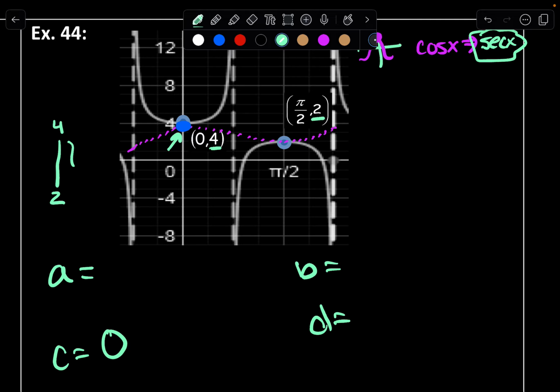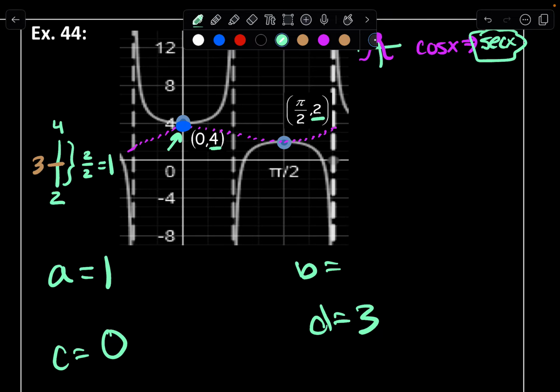So these have a distance of 2, right? And if I divide that by 2, I end up with my amplitude. And in between these two, splitting that in half, that's going to tell me the location of my midline, which will be at 3. So d is equal to 3. The midline for cosine.